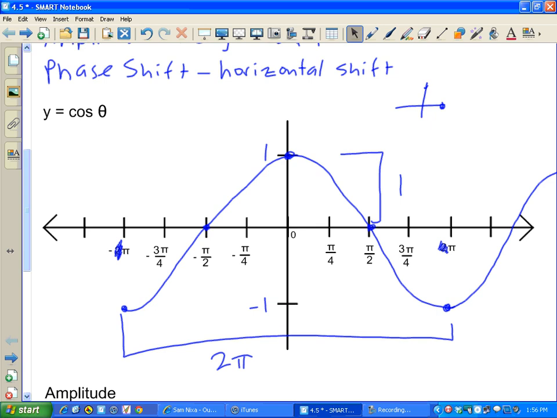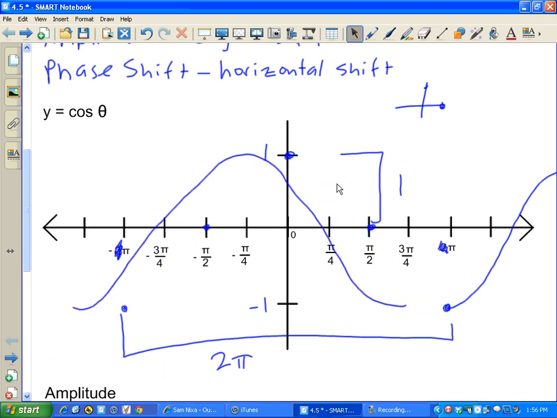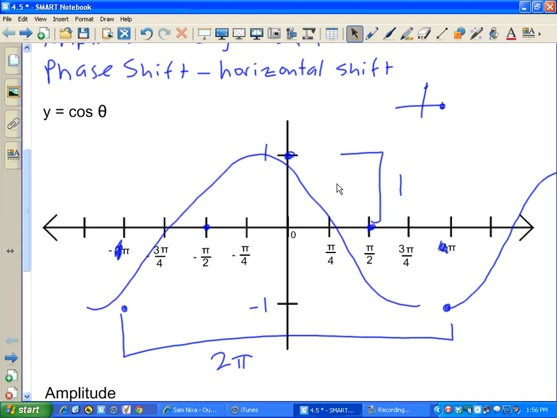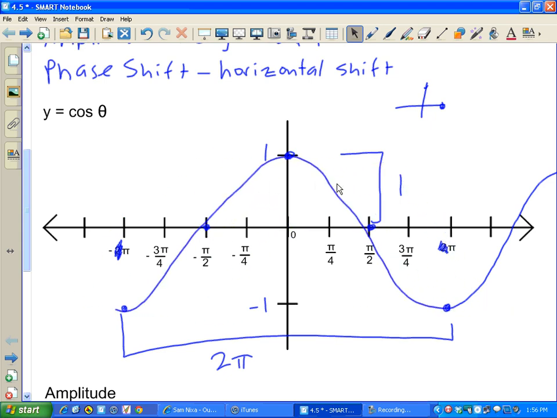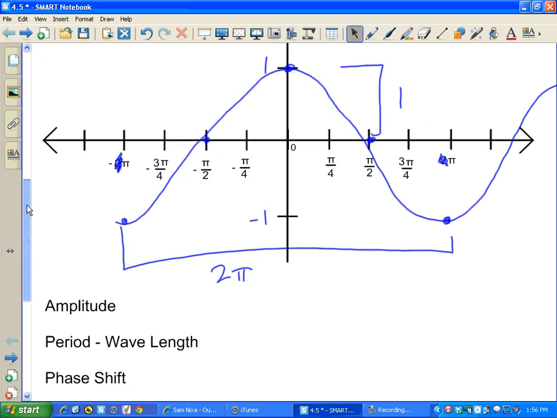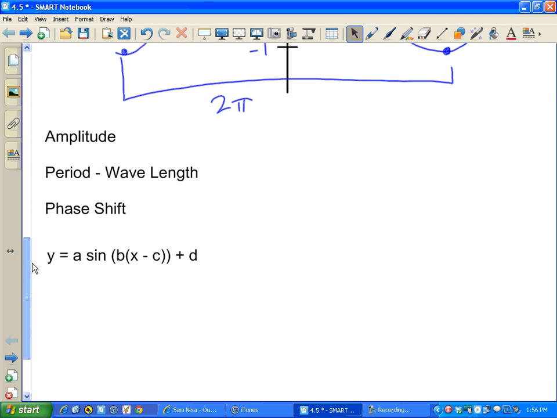So you could think I'm moving the wave pi over 2 to the left, or to the right actually, that would make it a sine wave. So they're very close to each other. They're related very closely. So we talked about amplitude, period, and phase shift.